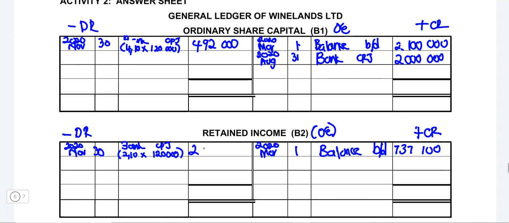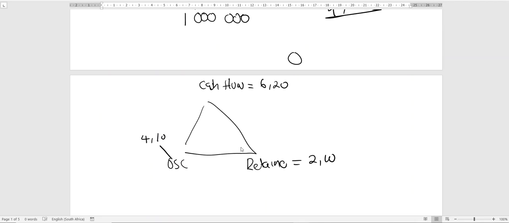So we'd have our 252,000 here. Then we have shown the effect. Remember, in the ordinary share capital you use the average share price, and then in the retained income you use the difference. If you remember from our triangle here, cash flow will take 6 rand 20, and then these other two will use these two amounts that we have here.